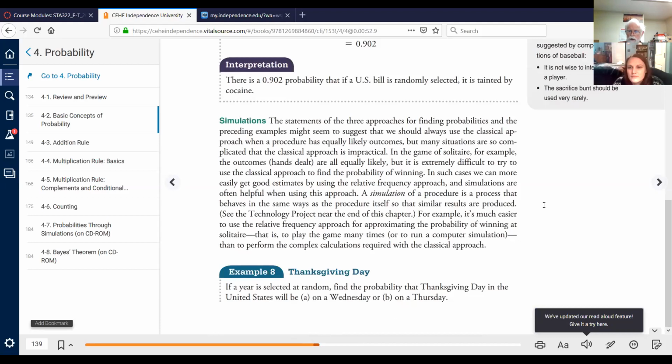Well, the answer to that is 0 because Thanksgiving is always on Thursday. So the probability of it being on a Wednesday is 0. The probability of Thursday is 100% or 1. So probabilities always run in a range of 0 to 1 or 0% to 100%. They cannot exceed 100%. They can't be negative.